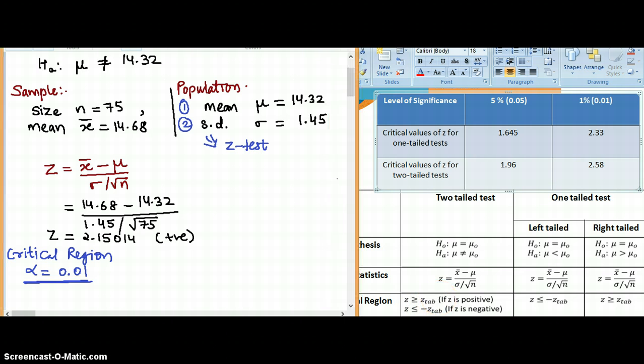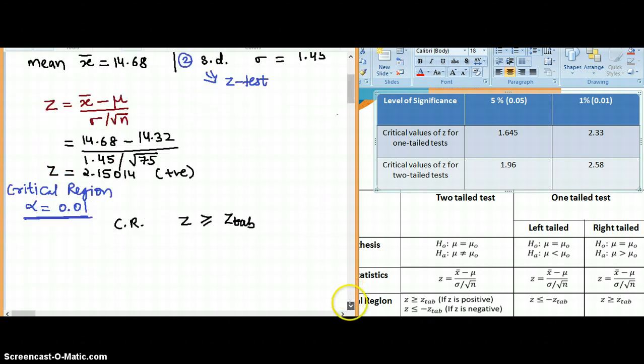So we'll write here: critical region is Z greater than or equal to Z value from table, since our Z is positive. Now from the table, at alpha equal to 0.01 or 1% level of significance and two-tailed test, the value of Z from the table is 2.58.